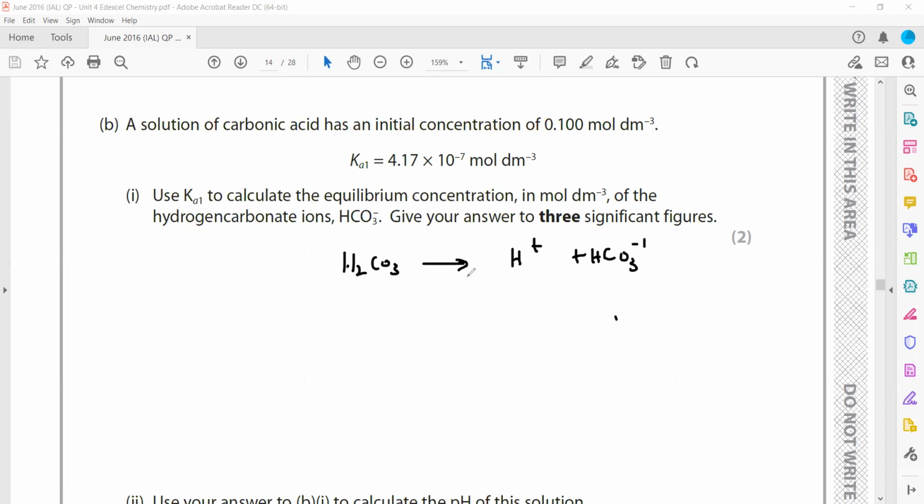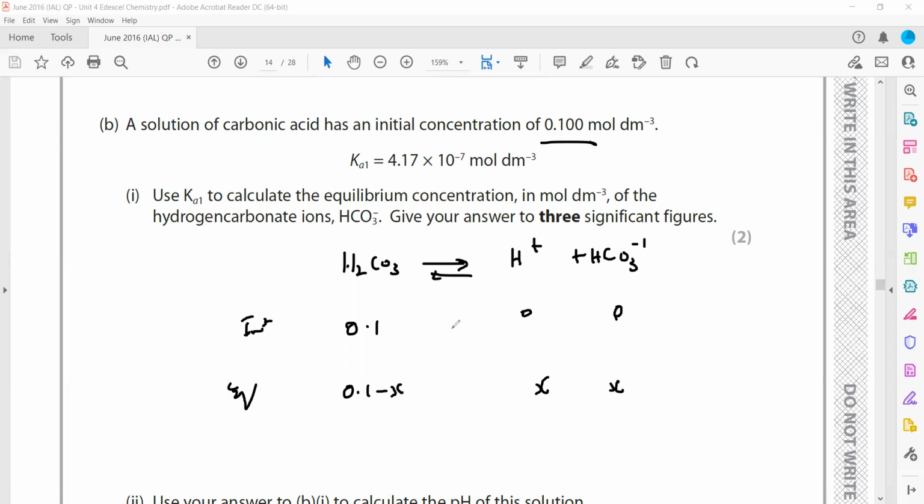Now what happened? The initial concentration is 0.1, the products will be 0 and 0. Carbonic acid is a weak acid, so at equilibrium the concentration of H+ will be x, the concentration of HCO3- will be x, and the acid concentration will be 0.1 minus x.